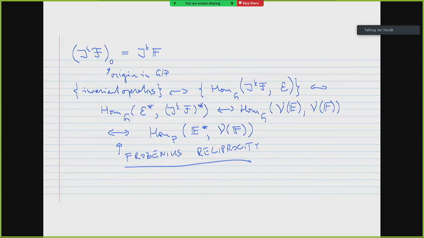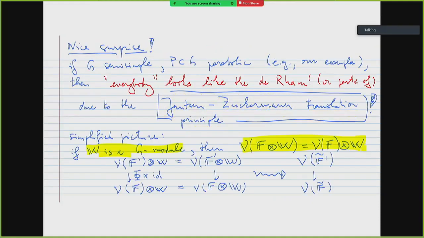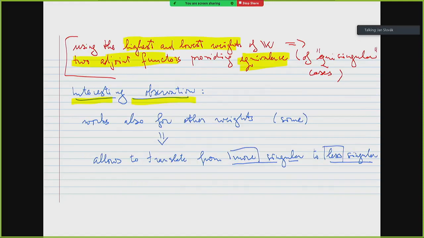And the translation of this kind works very well if you take the highest and lowest weights, but it always just goes to the pattern with the same singularity. So for Laplace, you will get a lot of other things, right? And it gives you the two adjoint functors.